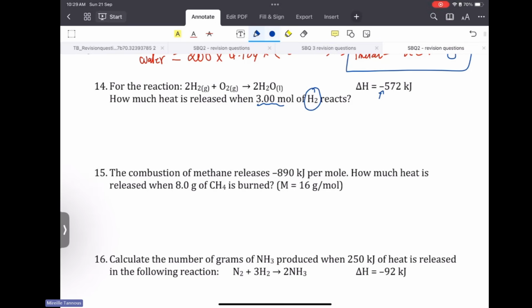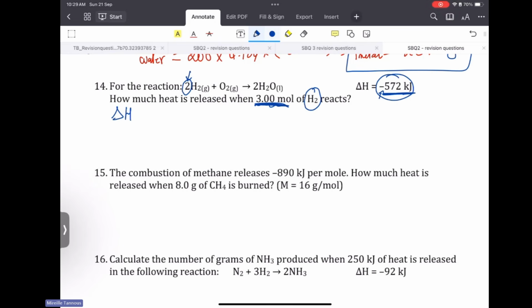So, in order to calculate the heat of a thermochemical equation for a given number of moles, we multiply the moles by the given delta H. However, we must check if this delta H given is for 1 or 2 or how many moles of H2. It looks here that every 2 moles of hydrogen releases 572.